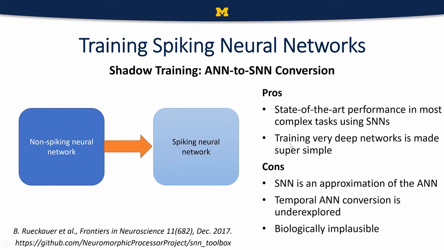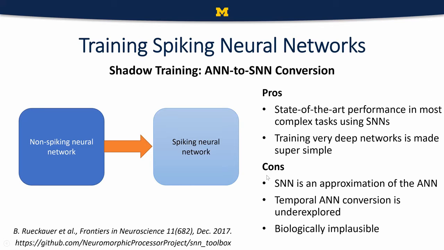Another is that a lot of the benchmarks that have taken place on this shadow training approach are not temporal in nature. A lot of the benchmarks are still CIFAR10 and ImageNet, very static images, things that don't quite exploit the temporal benefits of spiking neural nets. So that is fairly underexplored. I think there is some work out there, but it doesn't seem to be the dominant majority.